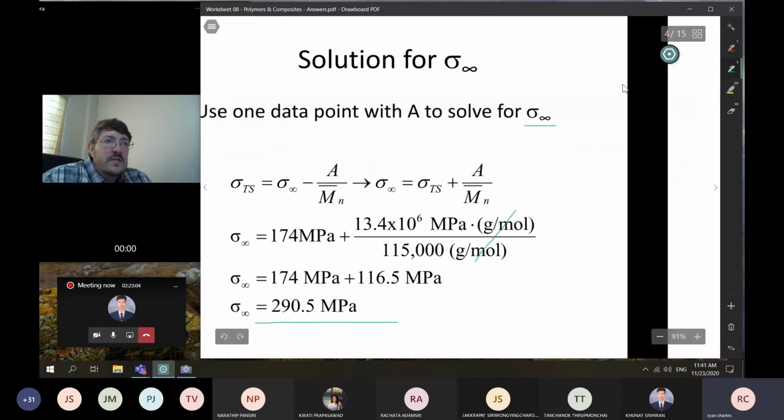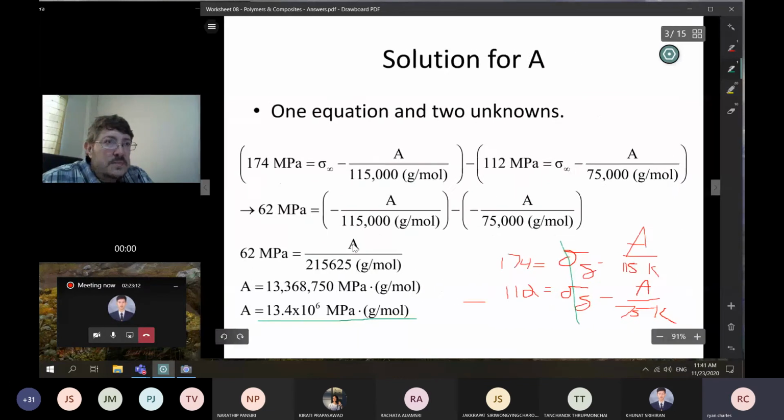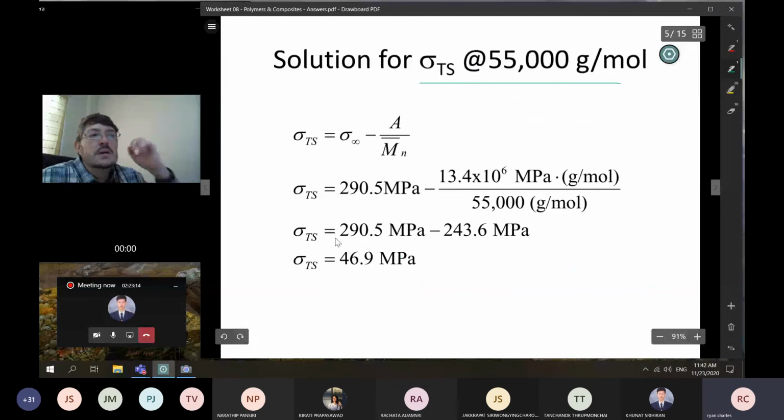All right. So from that data, we want to go to a lower molecular weight. We should expect a lower strength value according to the data. So 290, right? This is our maximum, and we're subtracting some value based on the molecular weight with this constant value. We get 46.9.